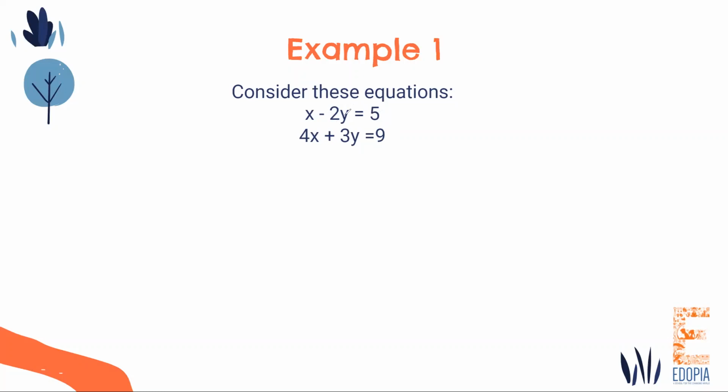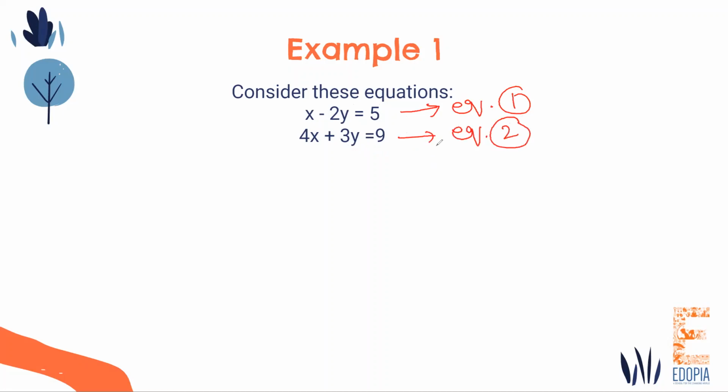Now consider these two equations: x minus 2y equals 5 and 4x plus 3y equals 9. We are given these two sets of equations. I will label the first equation as equation number 1, and the second equation as equation number 2.